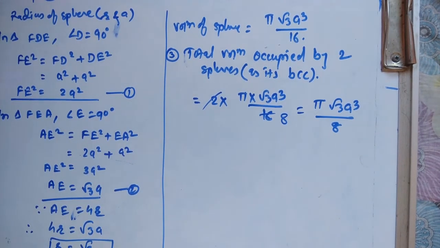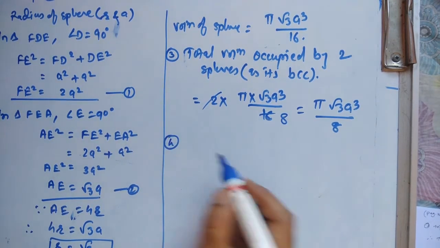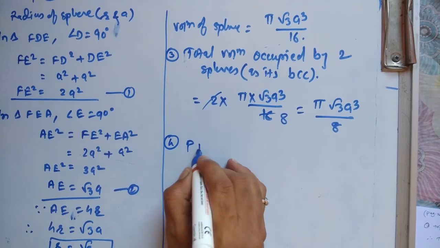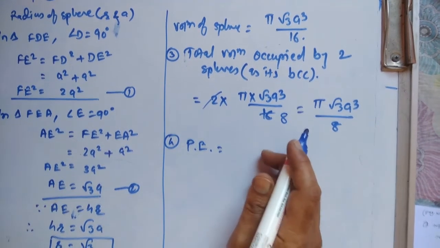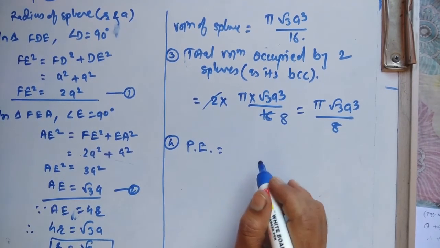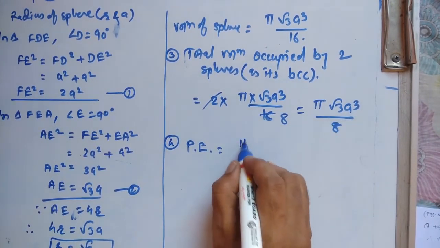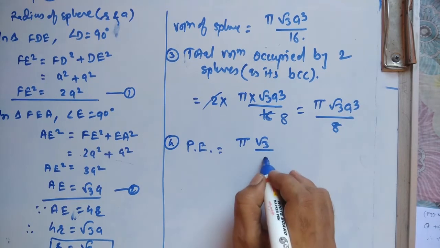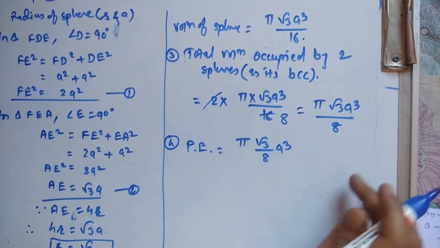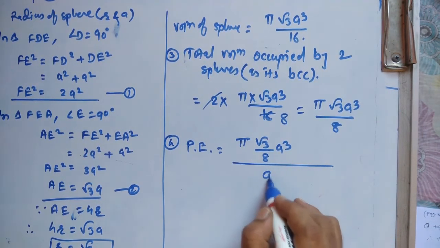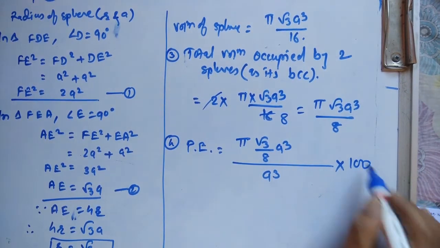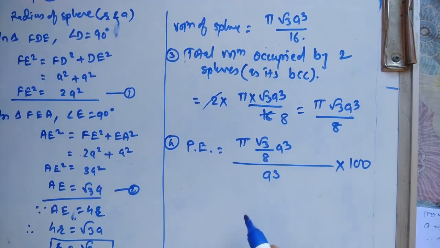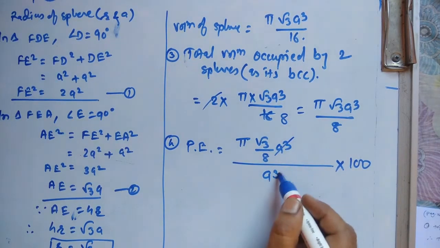Now packing efficiency, we can just apply the formula. Packing efficiency for this type of cell is equal to the volume occupied by the unit cell, pi into root 3 divided by 8 into a cube, the whole divided by the volume of the unit cell, a cube, into 100. So we can just cancel this.